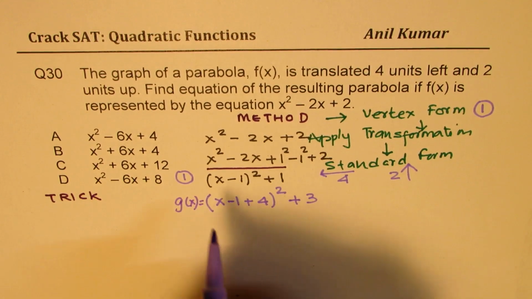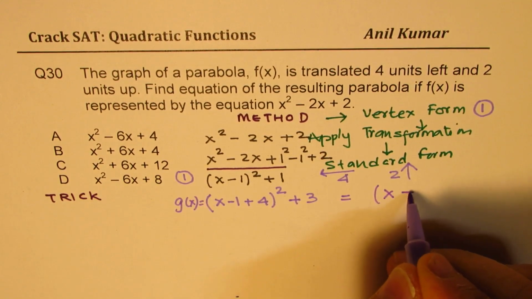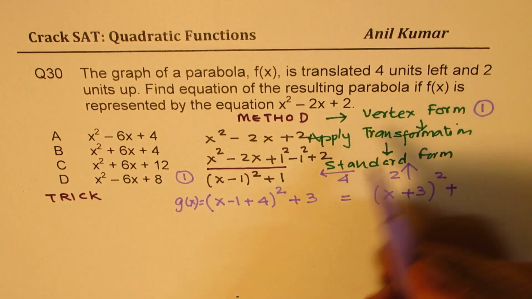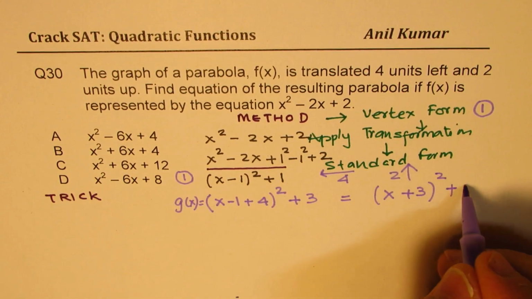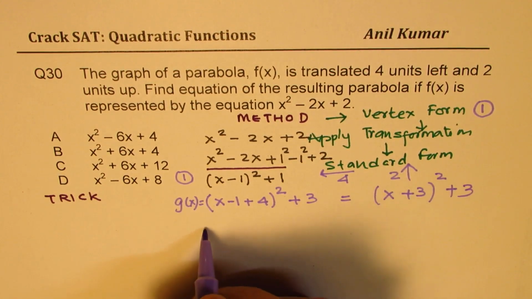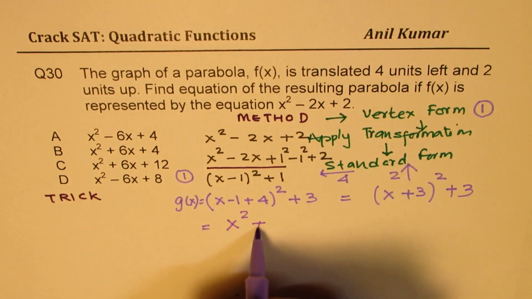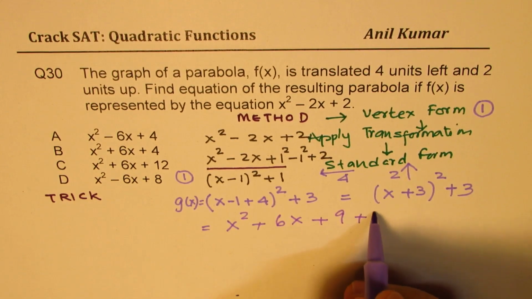Now we need to expand this, right? So let's rewrite this as x plus 3 whole square plus 3. So let's expand this now. So when you expand, what do you get? You get x squared plus 2 times this, which is 6x, plus 9 plus 3.